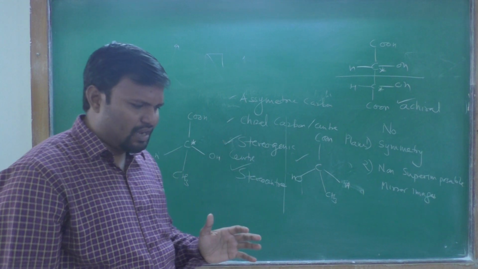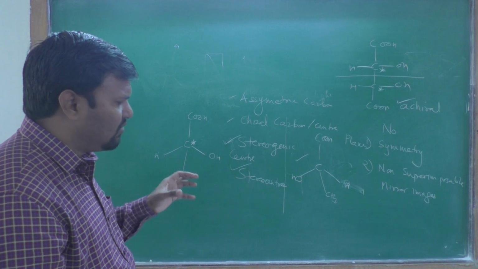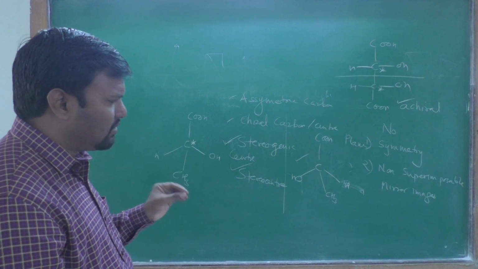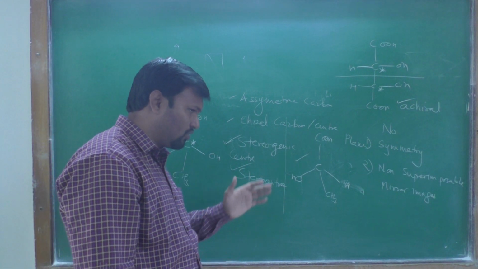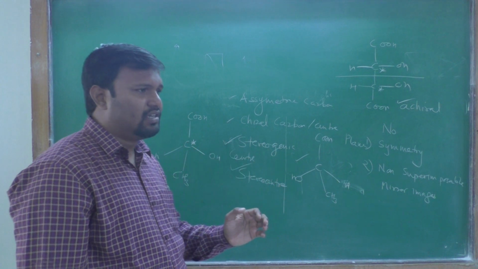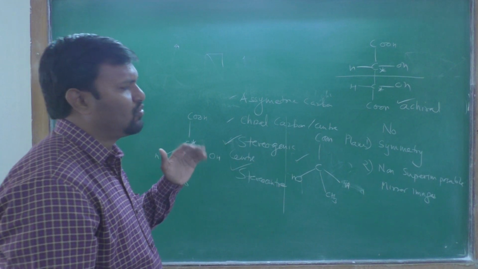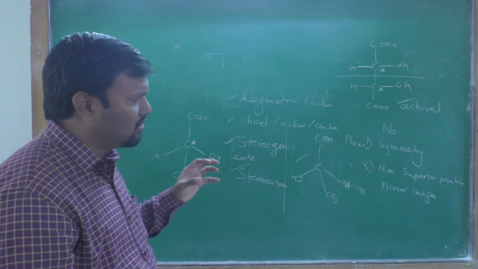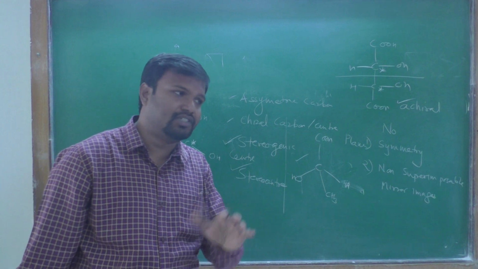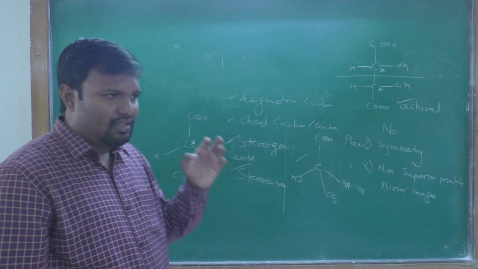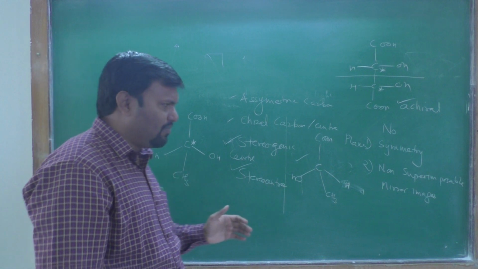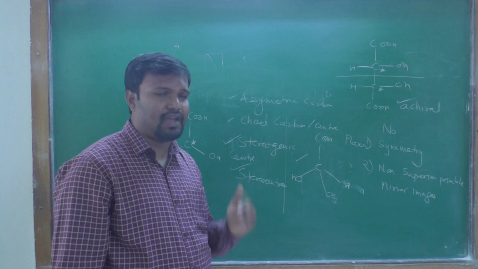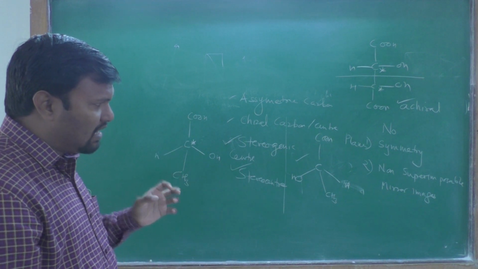If only one chiral carbon is present in your compound, it definitely shows chirality. But if more than one stereo center is present, it may or may not show chirality. It depends upon its structure or geometry, whether your molecule is chiral or non-chiral. We will discuss which factors decide the chirality of a molecule.